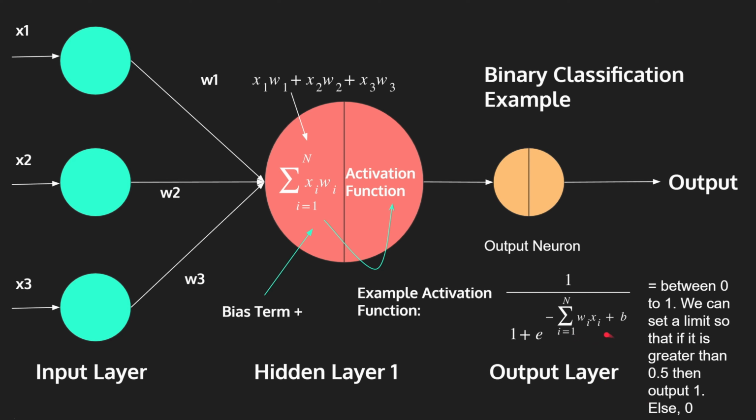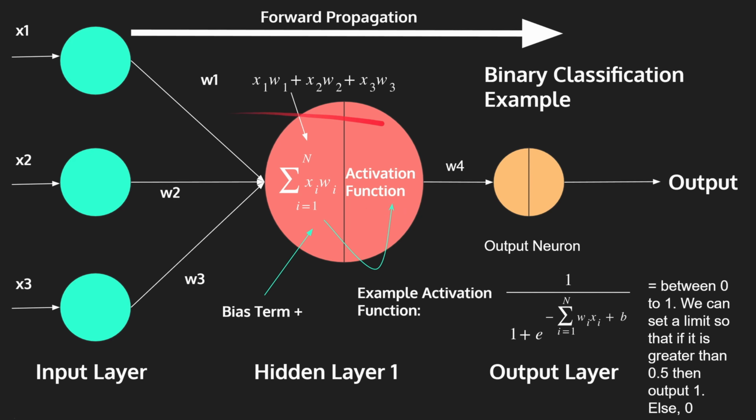And 1 and 0 basically means yes or no. So in our study case, it could be yes, the student passed, or no, the student failed, right? And we do something similar with the output neuron here. Okay, and we actually have to multiply by another weight called weight 4 after we feed it into our neuron in our hidden layer 1.